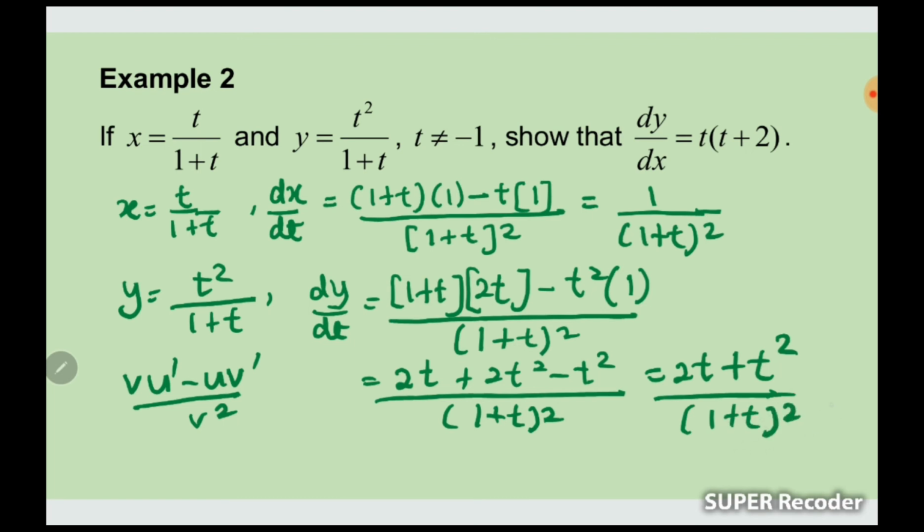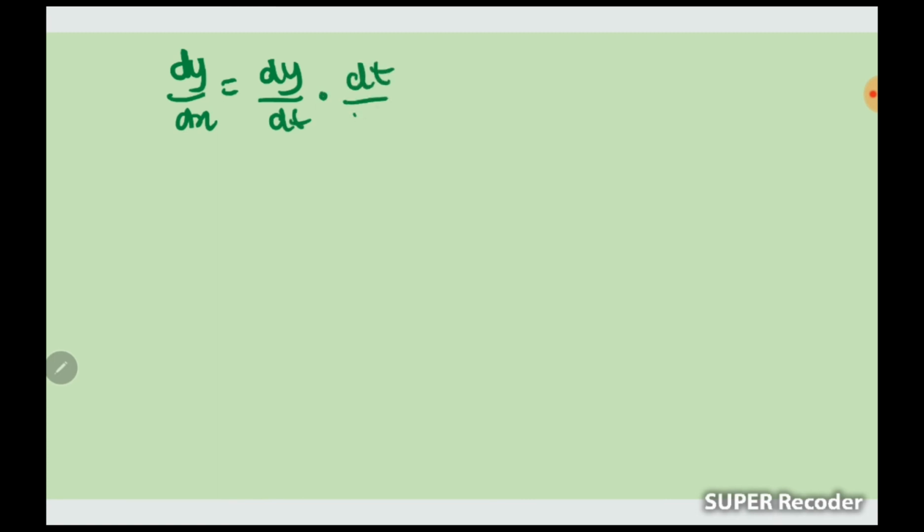So we will substitute dx/dt and dy/dt into the formula by using the chain rule. dy/dx is equal to dy/dt multiplied with dt/dx. So dy/dt is given as 2t plus t squared over 1 plus t squared.